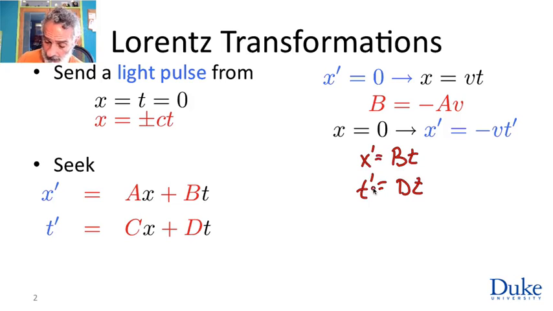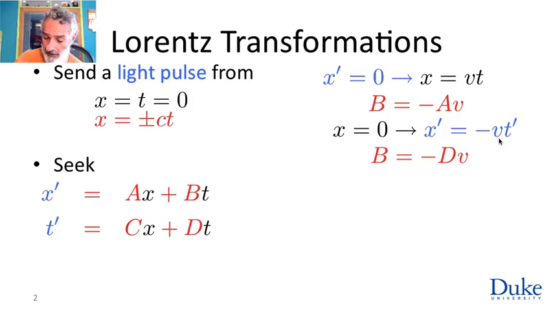So I set these two to satisfy that relation, and I find that x prime is d over b times t prime, but that means that d over b should be negative v, or written more elegantly, b is negative d times v. And so comparing these two, d is the same as a.